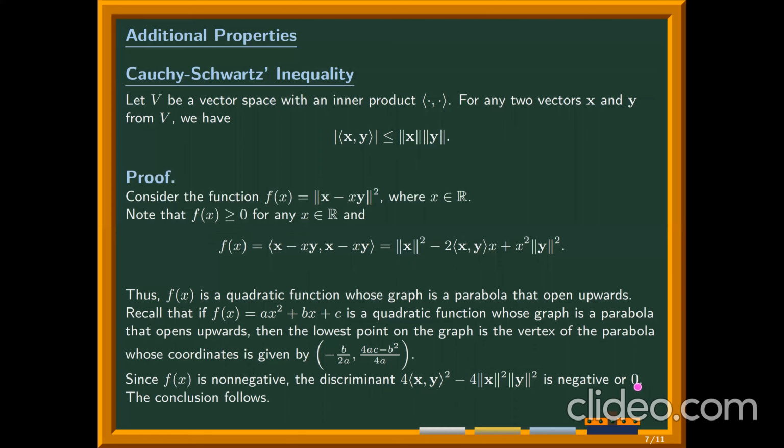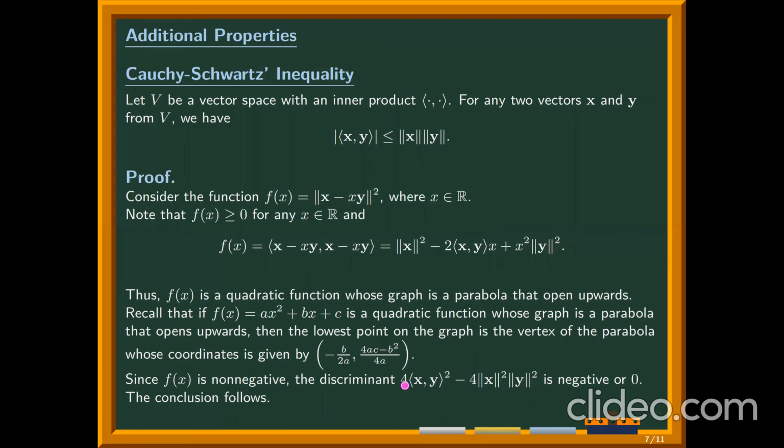So the discriminant is given by b squared minus 4ac. Our b, as we mentioned, is given by this quantity, our a is given by this quantity, and c is given by this quantity. So this is the discriminant, and this difference is less than or equal to 0.